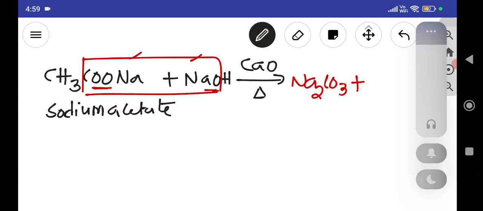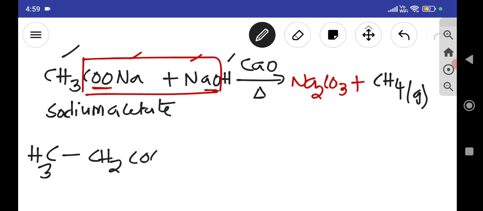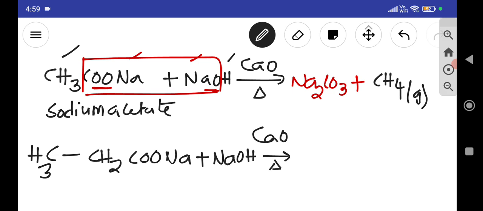Next, what is left out? This side CH3, here H, so methane is obtained. So this is the preparation of methane. Now next, if you increase the number of carbons, that is CH3CH2COONa, and again soda lime is added. On heating, we will remove sodium carbonate. So this is decarboxylation.